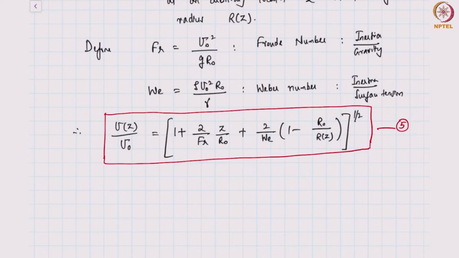Now we will apply the mass balance. It's a fairly straightforward relationship. It says that the mass flow rate coming at the inlet should be equal to the mass flow rate at the outlet for the control volume.